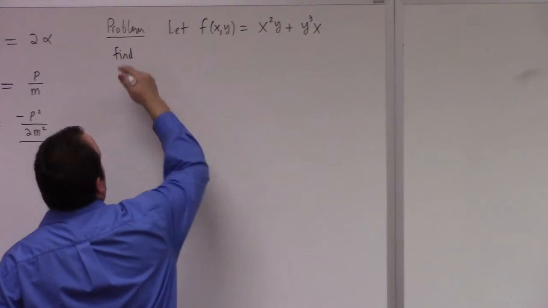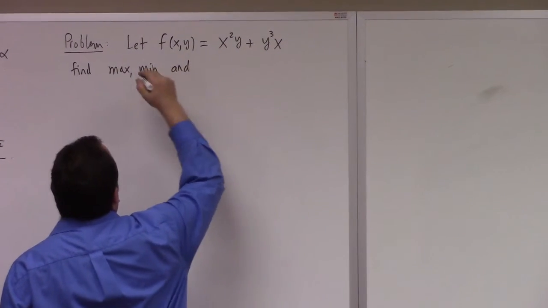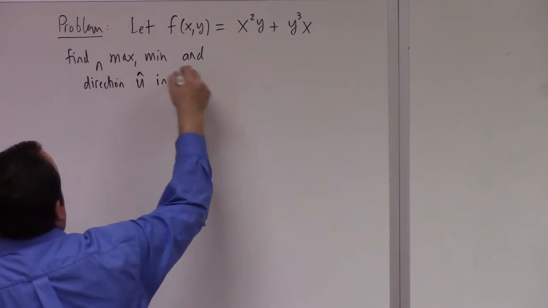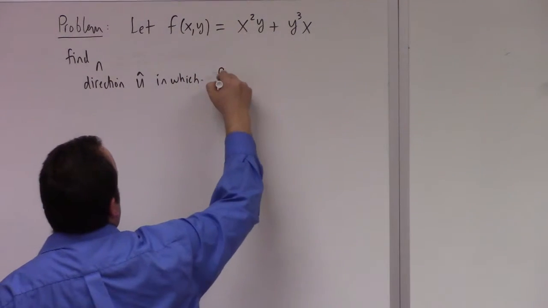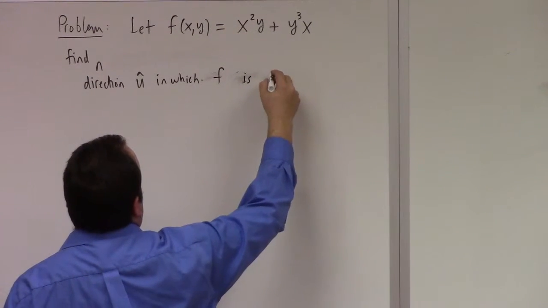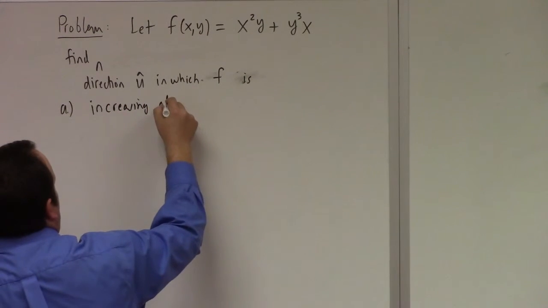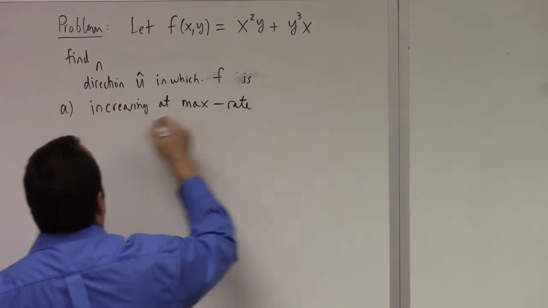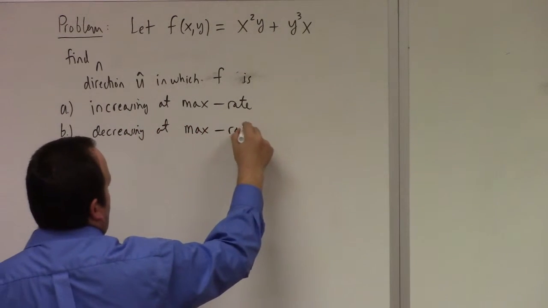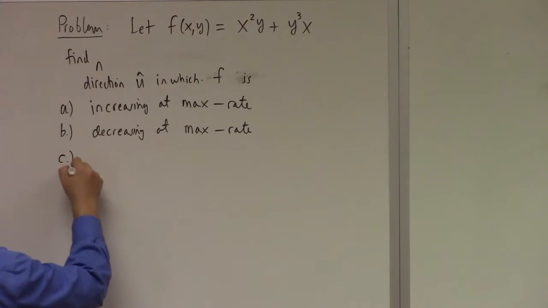Find the direction u hat in which f is, let's say part A, increasing at its maximum rate, B, decreasing at its maximum rate, or the most negative increasing rate, I suppose. However you want to think about it. And then C, the direction in which f stays constant.